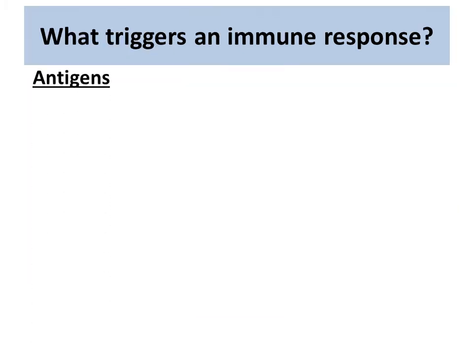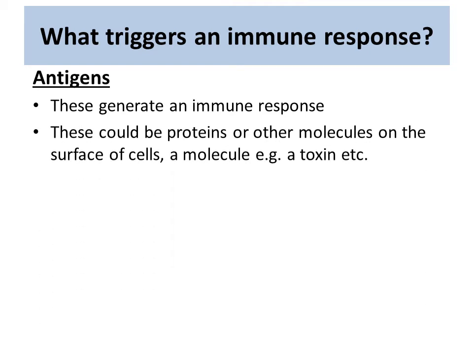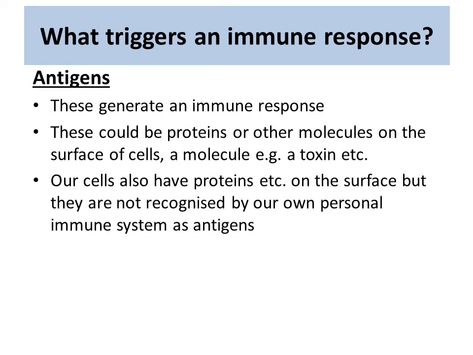So what triggers off an immune response at the beginning? We've come across these chemicals called antigens. Antigens will stimulate an immune reaction, and these are the molecules which are located on the surface of all kinds of cells. Every cell has antigens, and they could be proteins, or other molecules like lipoproteins or glycoproteins, and these identify the cell as either belonging to you or not belonging to you.